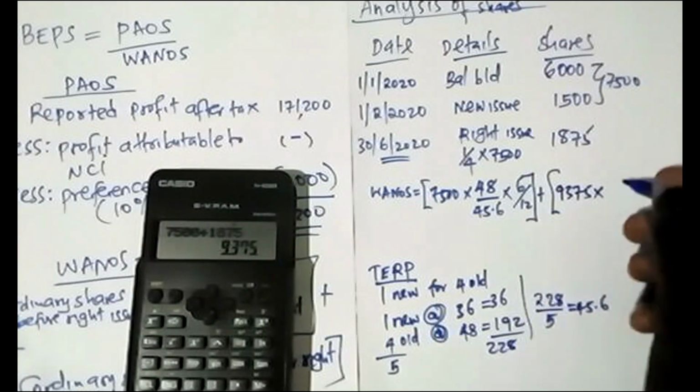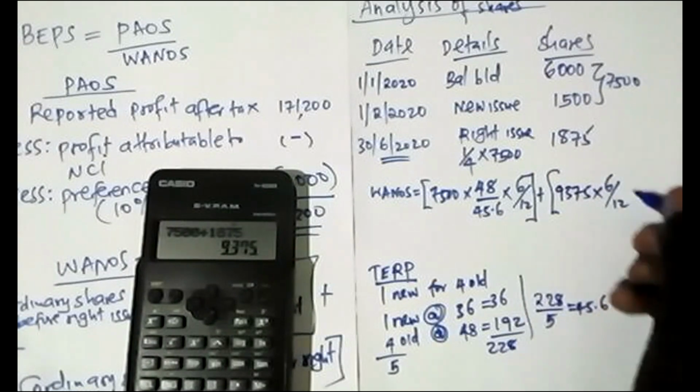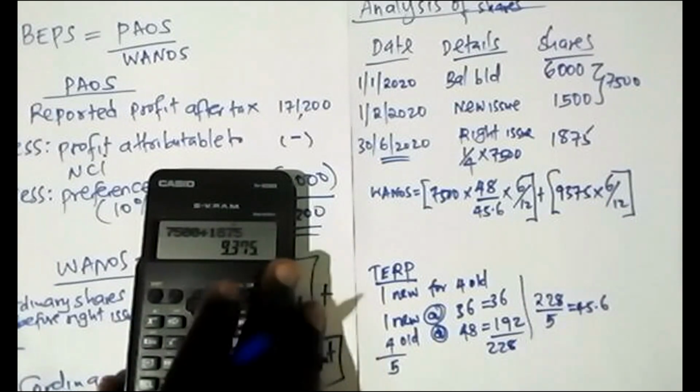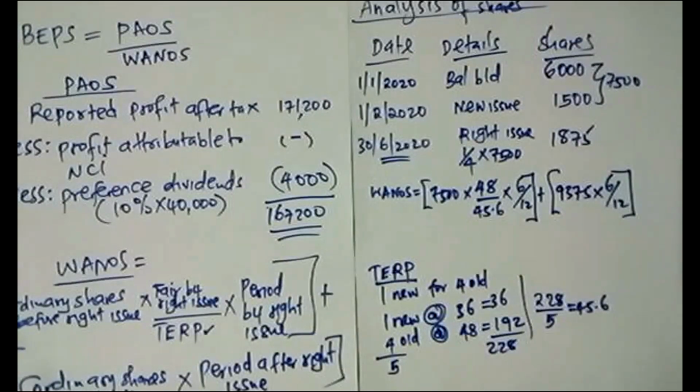Then we multiply with the period after right issue, which is from 1st July to 31st December, because the period before was from January to 30th June.